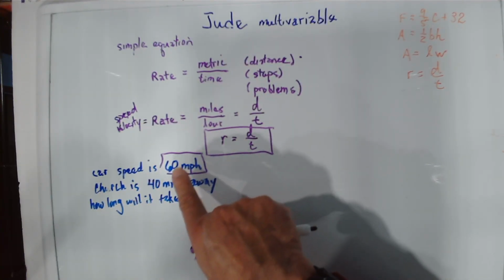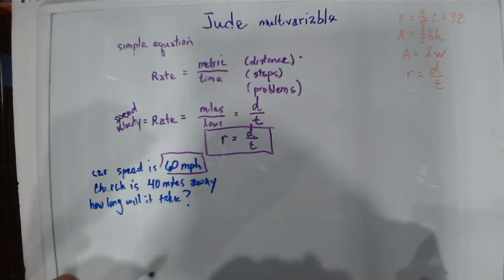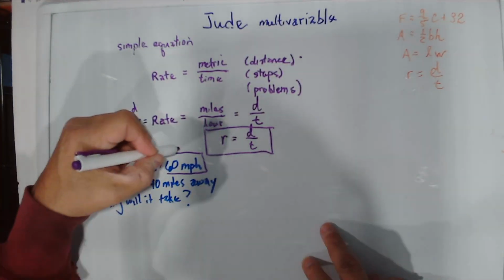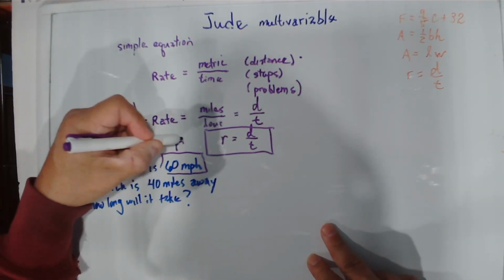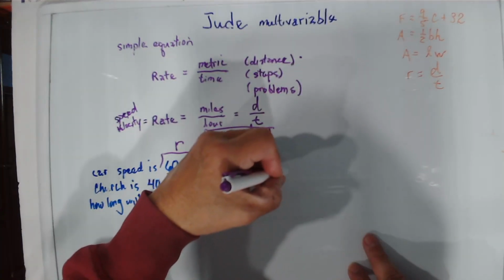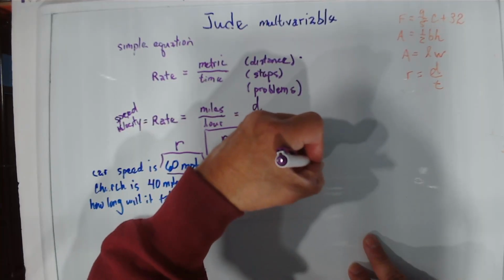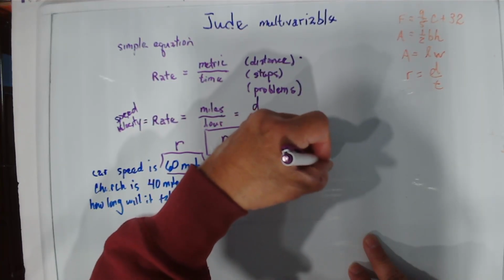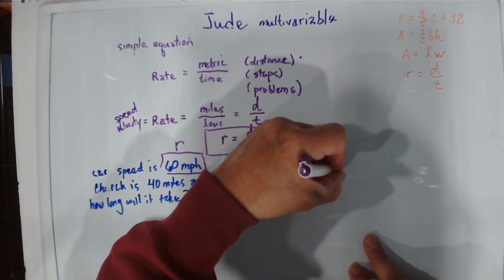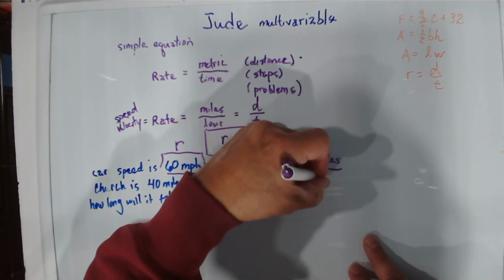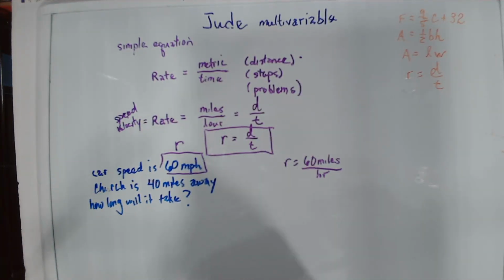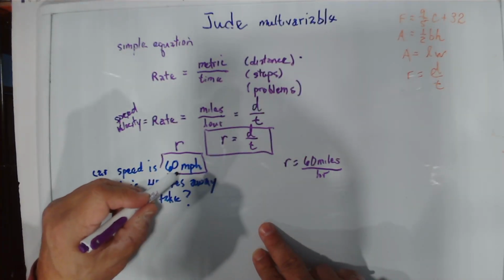So this is our rate, covered by R. So I can write it down here: R is equal to 60 miles per hour. Okay. It says here the church is 40 miles away.